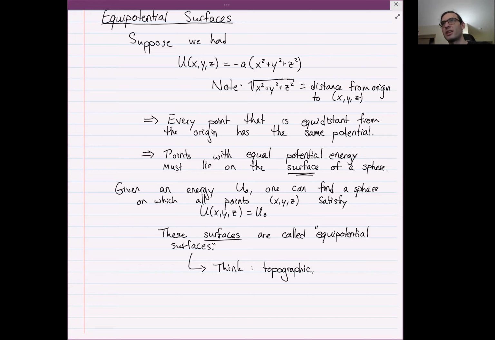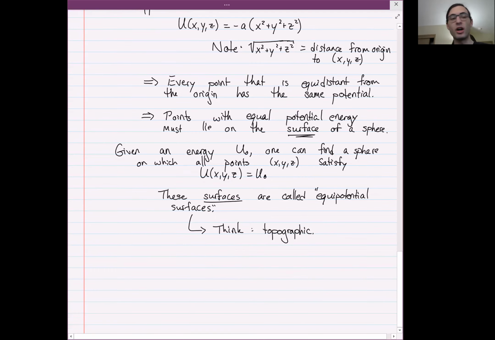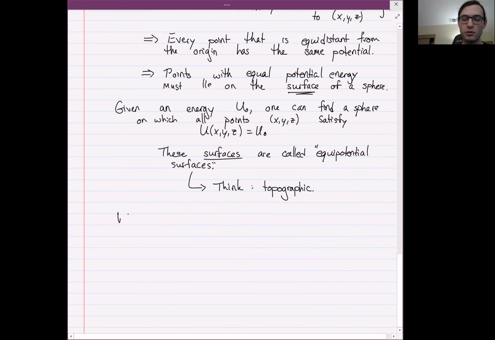In fact, that's an exact analog. The only difference is that we're imagining three-dimensional surfaces, like the surface of a sphere, rather than an individual line. So there would be a whole bunch of shells, each with different potential energies on them.